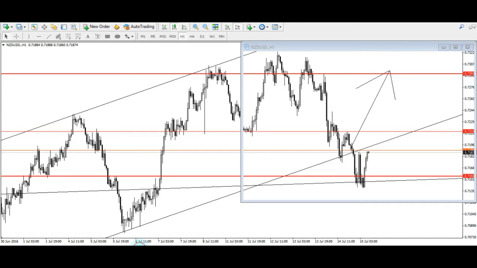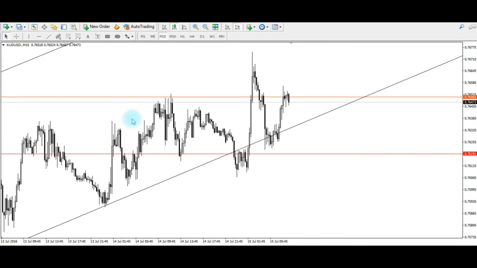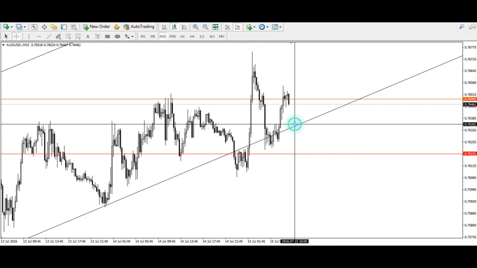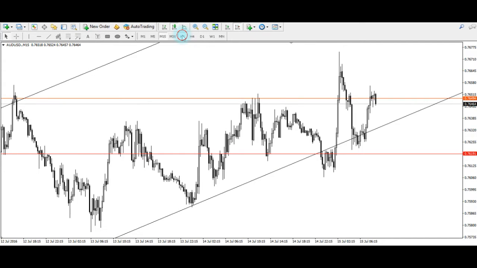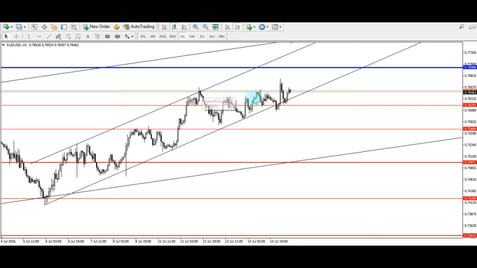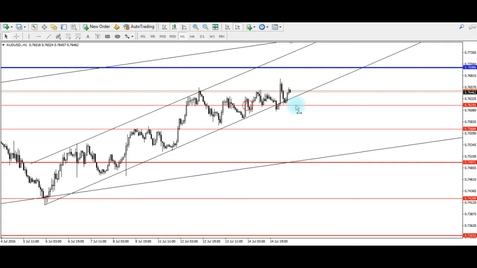So back to Aussie against US dollar, we are seeing a lot of consolidation right here. It's becoming like noise, and right now it is consolidating sideways, so expecting a breakout very soon. If the market really wants the Reserve Bank of Australia to cut interest rate, that will actually need the Australian dollar to appreciate further.